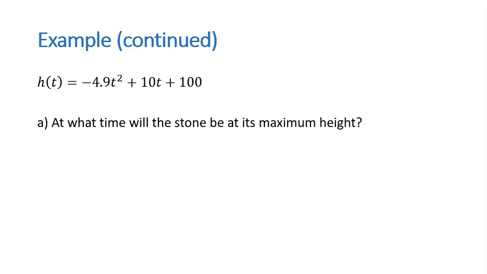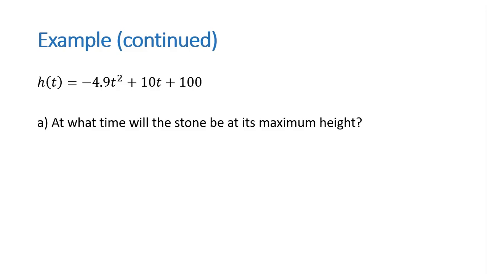So first thing we want to do is we want to know at what time will the stone be at its maximum height. So keywords are time and maximum. Whenever I see maximum in the context of a quadratic functions problem, maximum always corresponds to a vertex. So anytime I see the word maximum or minimum, I'm talking about the vertex.